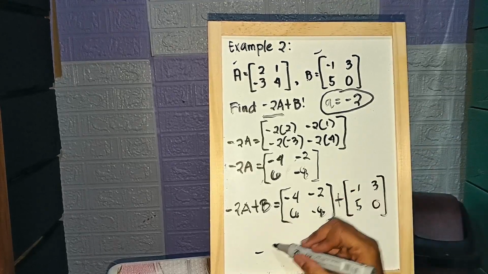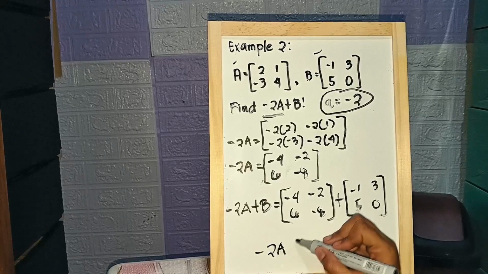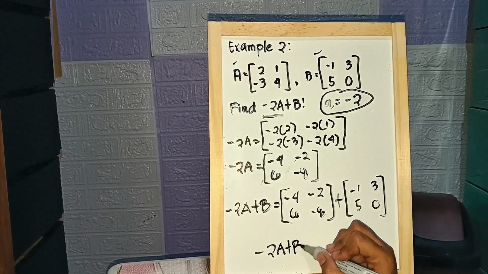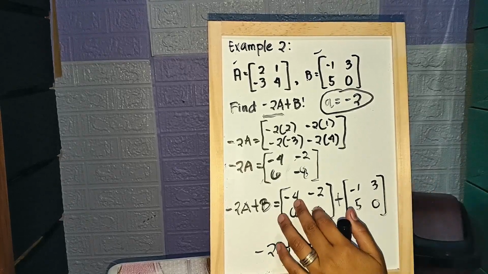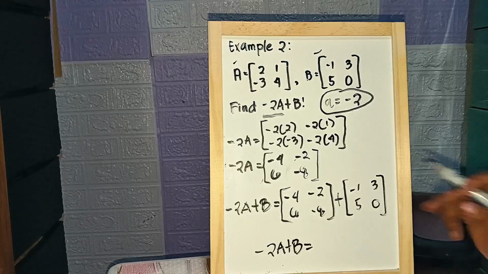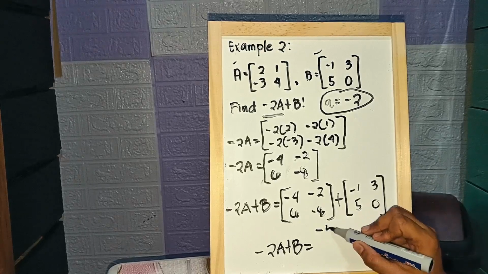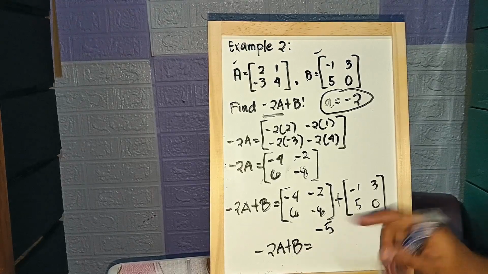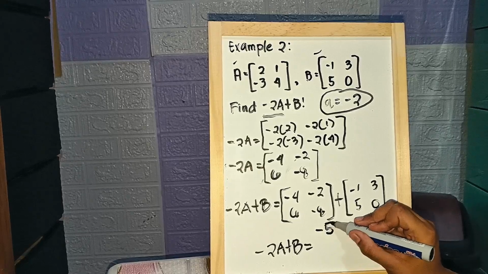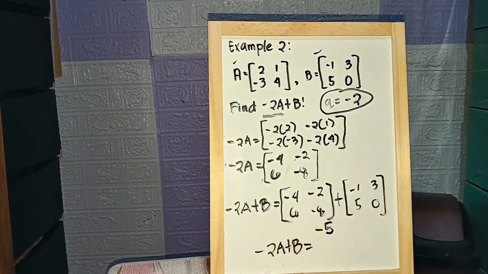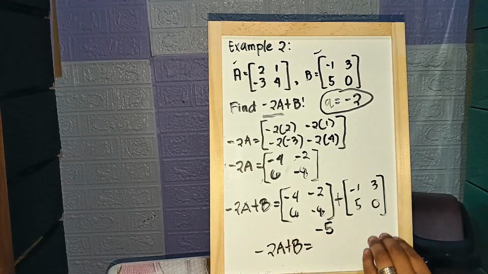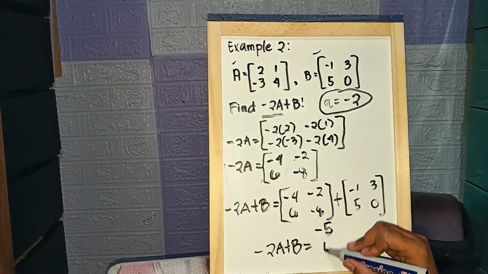Now we're going to add this. -4 plus -1, that's -5. 6 plus 5, that's 11.